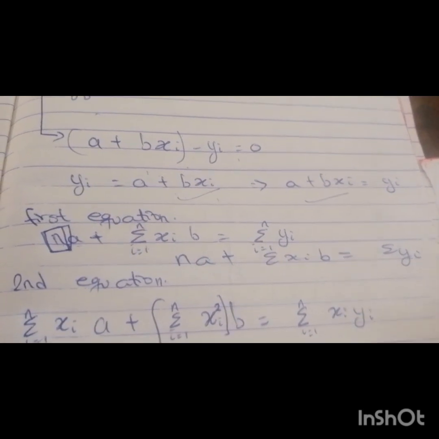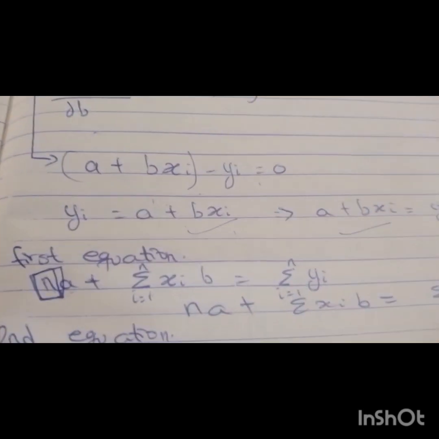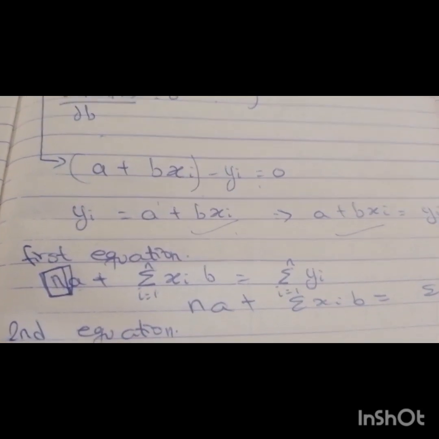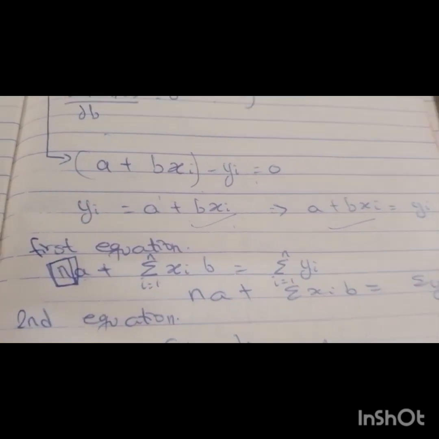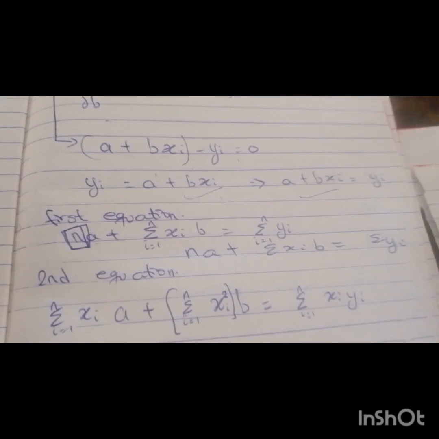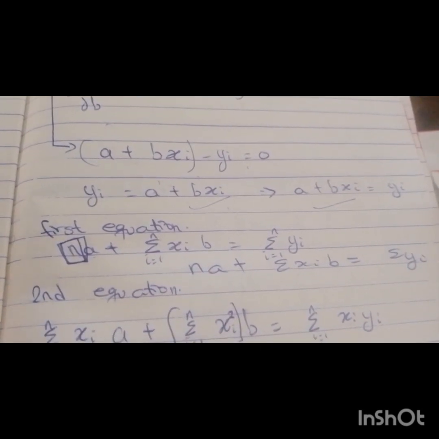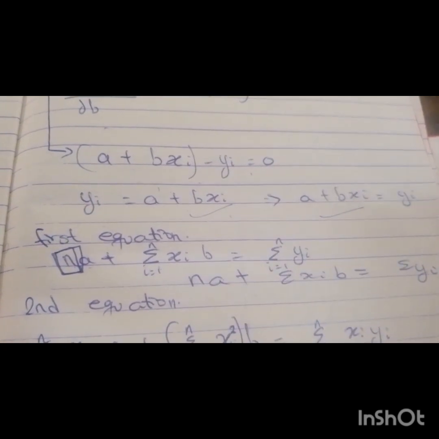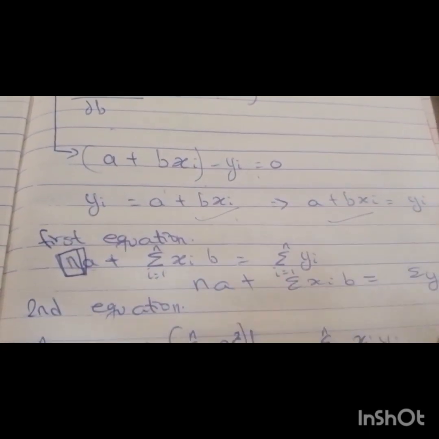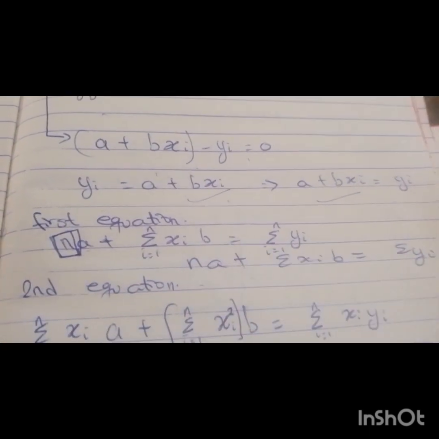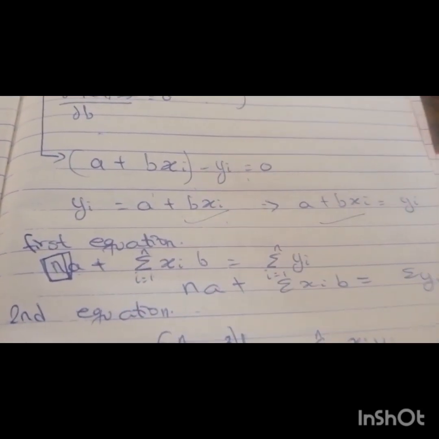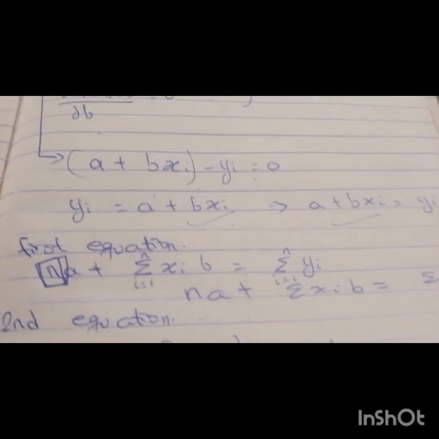As simple as that. Now you need two equations. You need two equations to find two unknowns. You have a, which is unknown, and b, which is unknown. You can't find two unknowns with one equation. It's practically impossible.